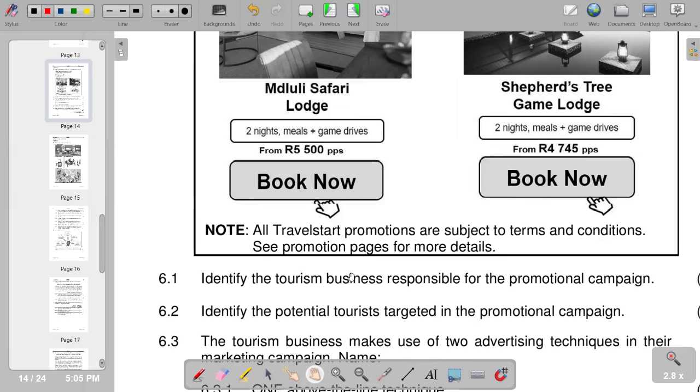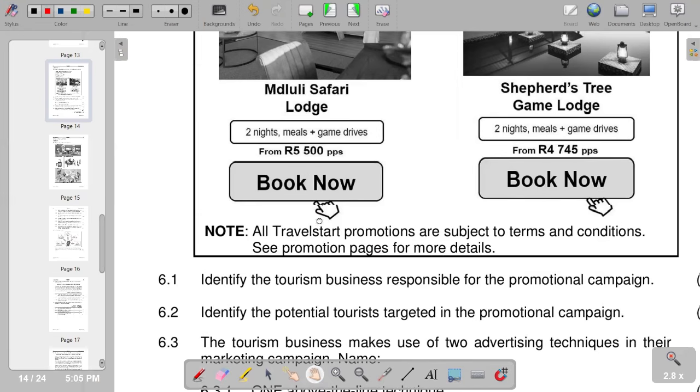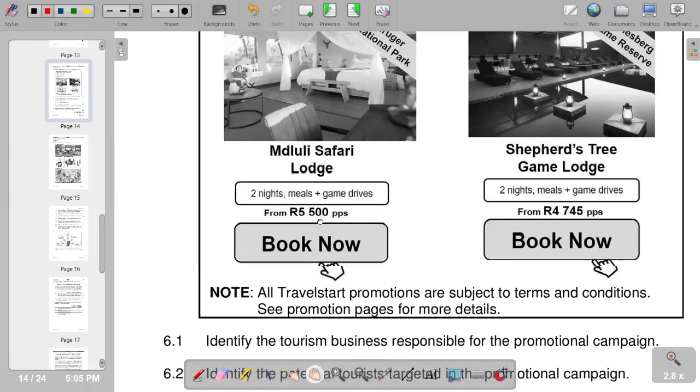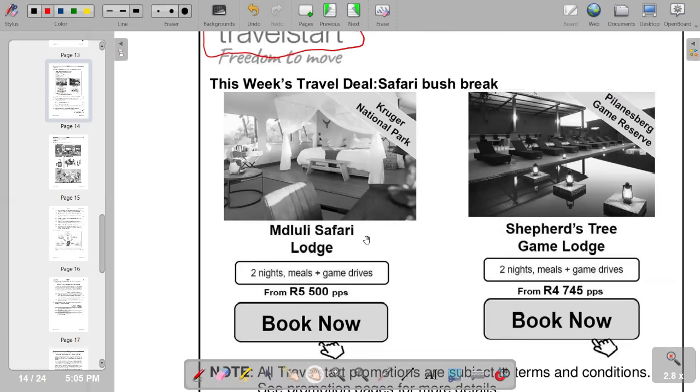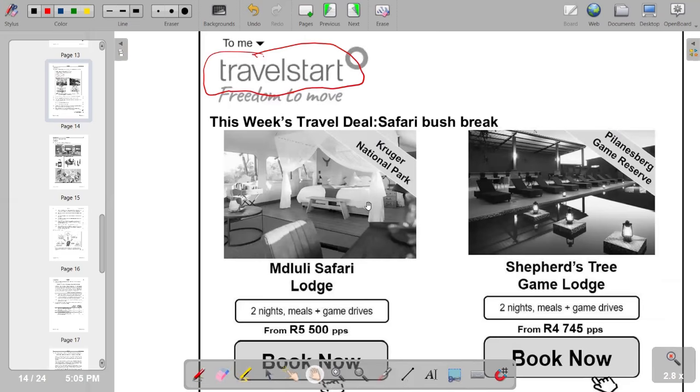So moving on to the next part, identify the potential tourists targeted in the promotional campaign. According to the information given, we can see that wildlife enthusiasts are part of that. We can also include leisure tourists, and nature lovers can also be part of that.